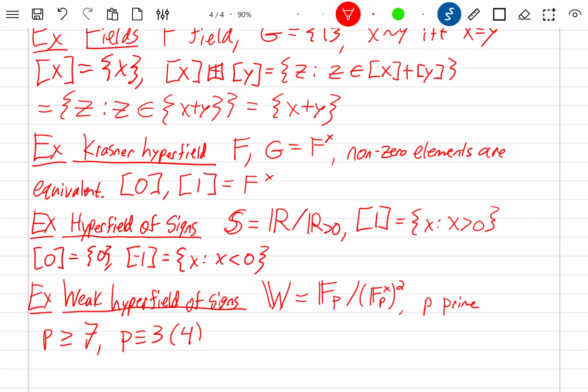We'll take our weak hyperfield of signs, pick two different primes, 7 and I think 11, and cook up two different extensions and show that these two extensions, the minimal extensions containing roots, are not the same. That will be enough to give us non-existence. So the fact that this has multiple different quotient structures is the key to our second theorem.